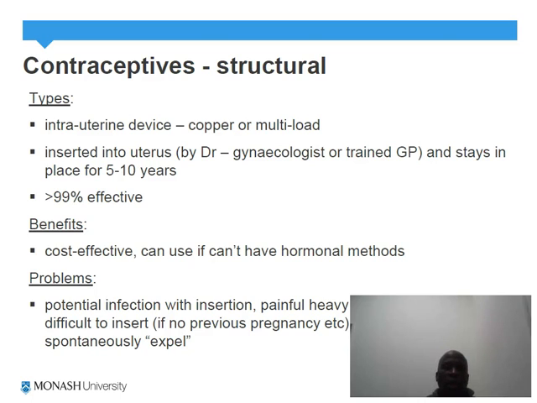Wow, that's quite significant time. Of course, as I said, it's 99% effective. Some of the benefits are that it's cost effective, and if you can't use hormonal methods, it's highly recommended.